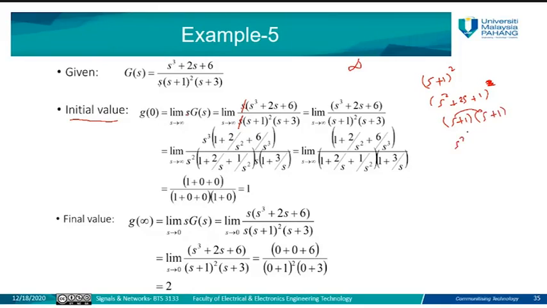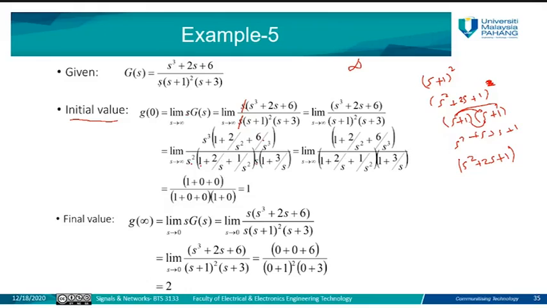S squared, s times 1 is s, 1 times s is s, 1 times 1 is 1, so it becomes s squared plus 2s plus 1. So now this is the function which we have here. We divide the first bracket by s squared, and the second bracket by s.